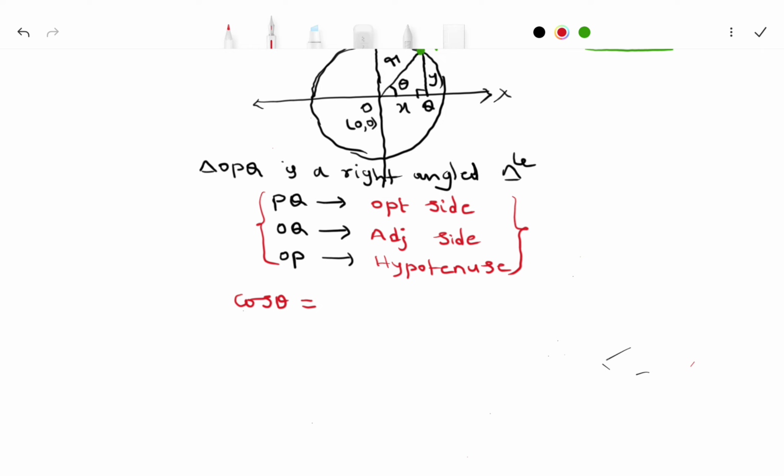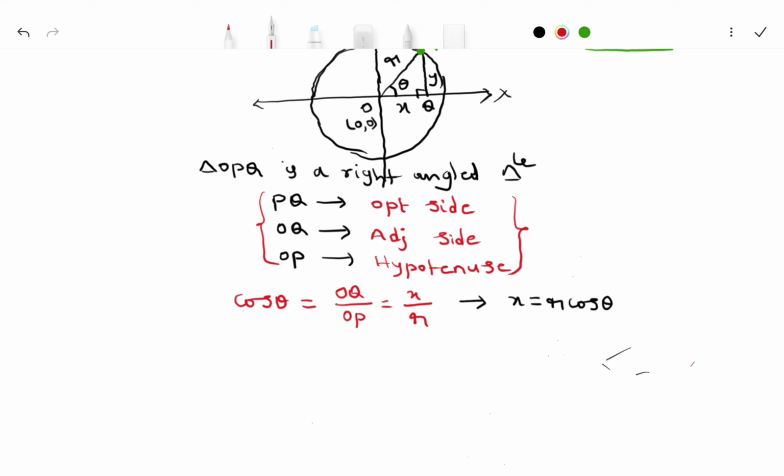Adjacent is OQ, hypotenuse is OP. What is the length of OQ? OQ length is x. OP length is r. So from this you can write that x is equals to r into cos theta, right?